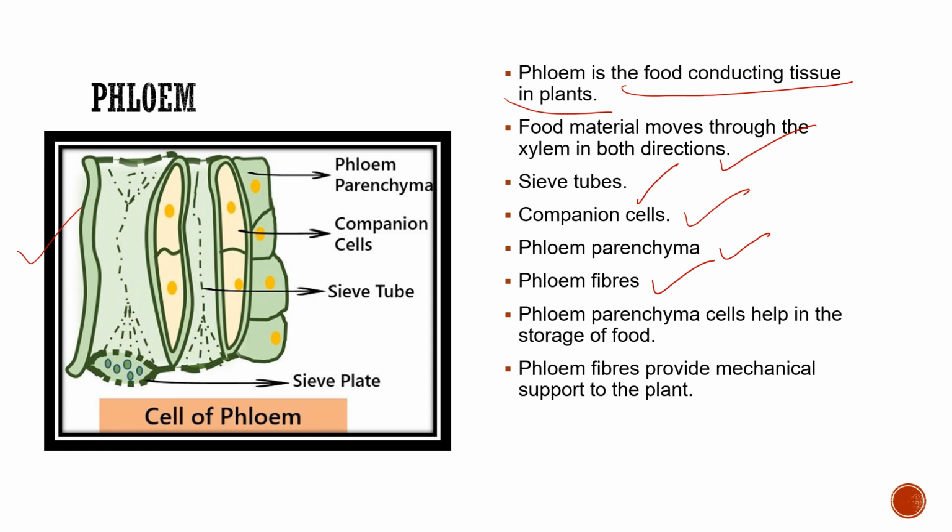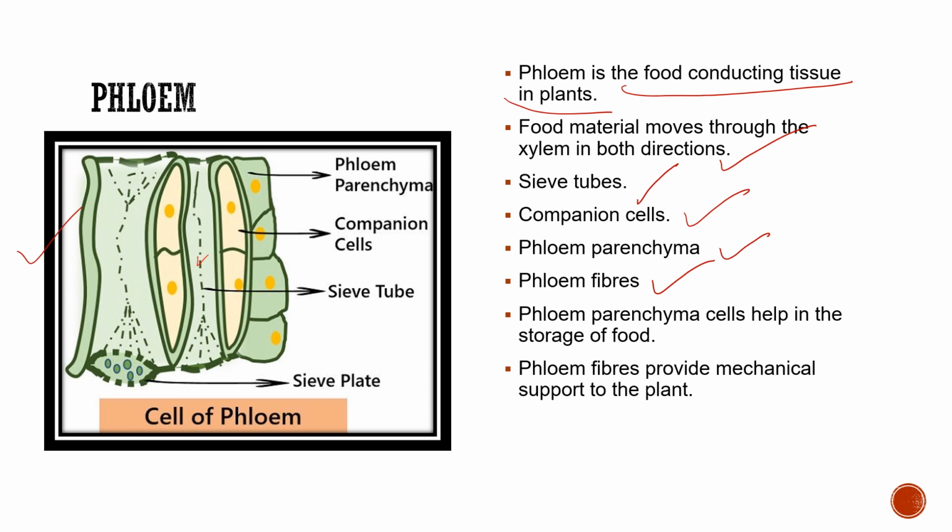Now, what are the functions of the sieve tubes? Sieve tubes are elongated tubular cells placed end to end like tubes. You can see in the diagram that these are placed end to end. Their end walls have minute pores and are called sieve plates.